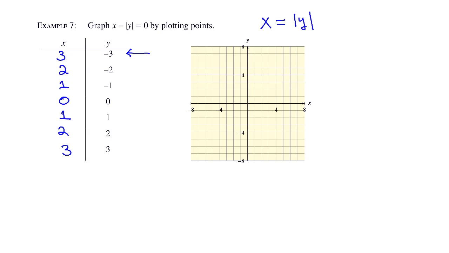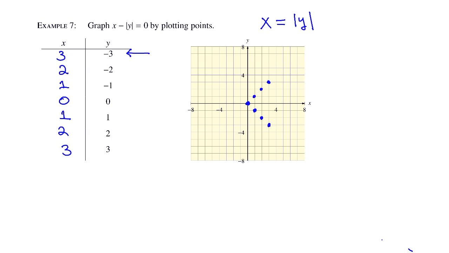Now to graph this equation, we just graph all of these points. So we have 3, -3. So we go over 3 on the x-axis, and down 3 on the y-axis. We have 2, -2. We have 1, -1. 0, 0, the origin. 1, 1, 2, 2, 3, 3.